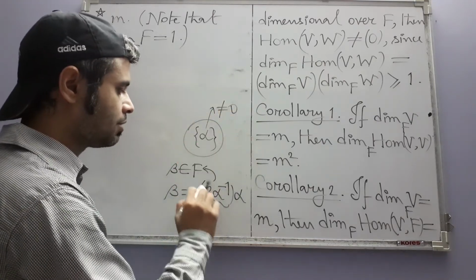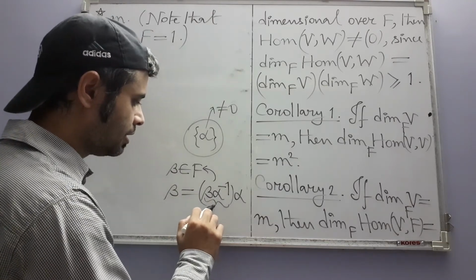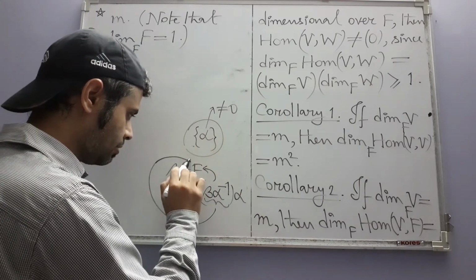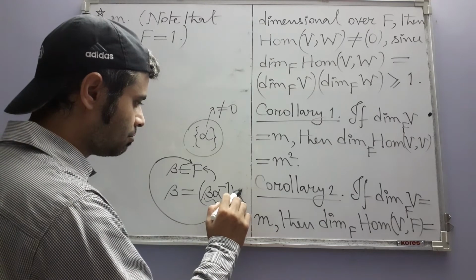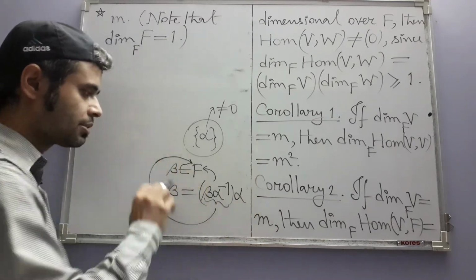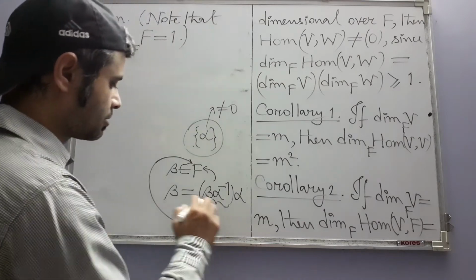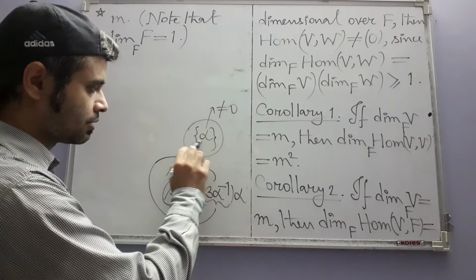So alpha inverse exists in F. So beta alpha inverse is interpreted as a scalar, and alpha is treated as a vector because F itself gives us the scalars and this also gives us the vectors. So you have expressed beta as a linear combination of the basis vectors.